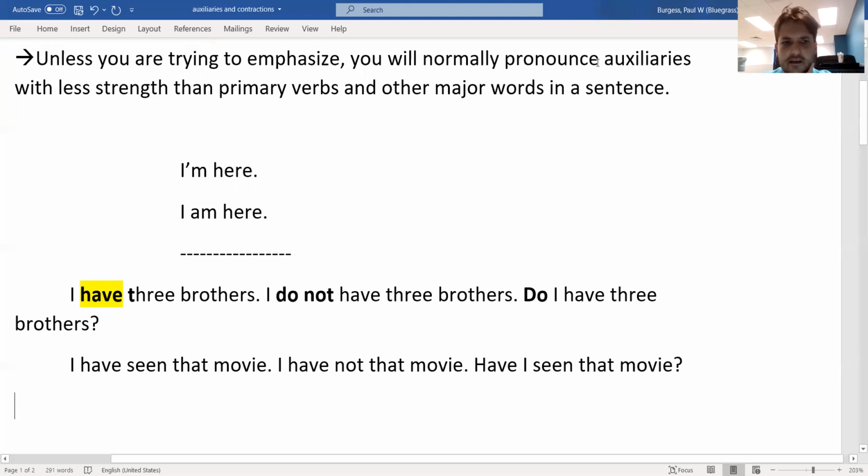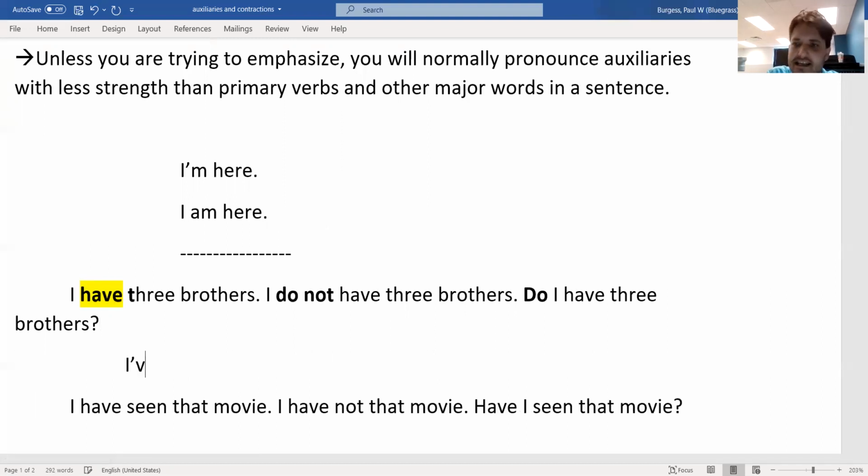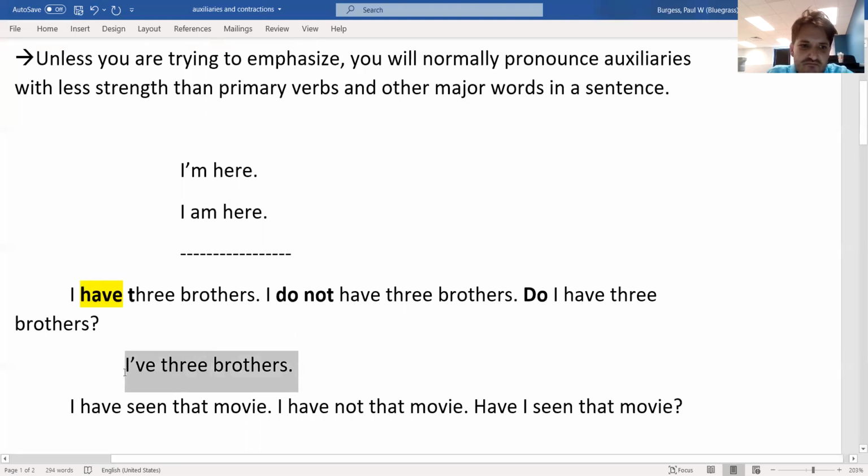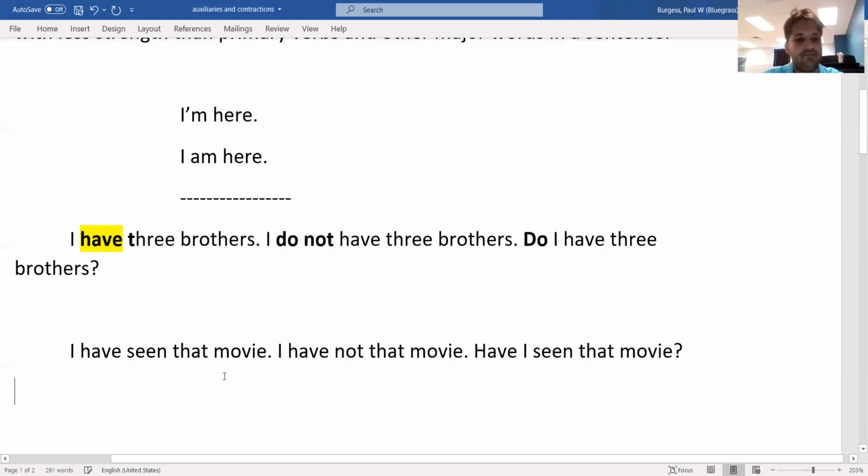Something I think you might notice immediately is how different our auxiliary and primary verb sound. We cannot contract this first one. I can't say in English, I've 3 brothers. We don't say that. Native speakers don't say it. And language learners shouldn't really say it either. But in this case, it's auxiliary.